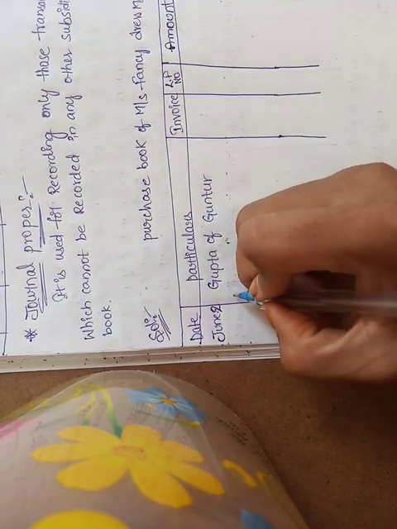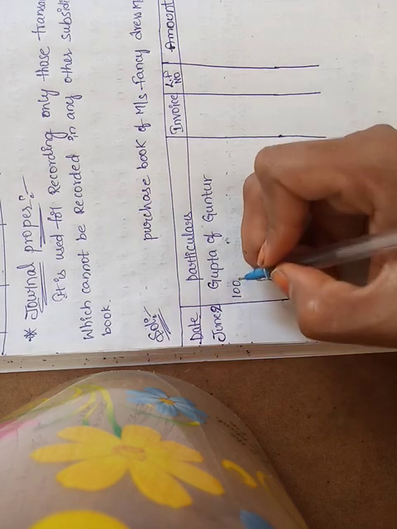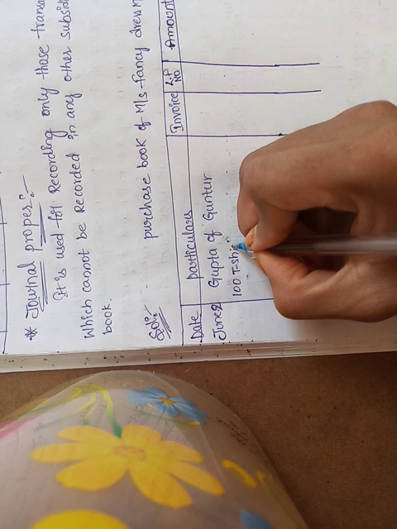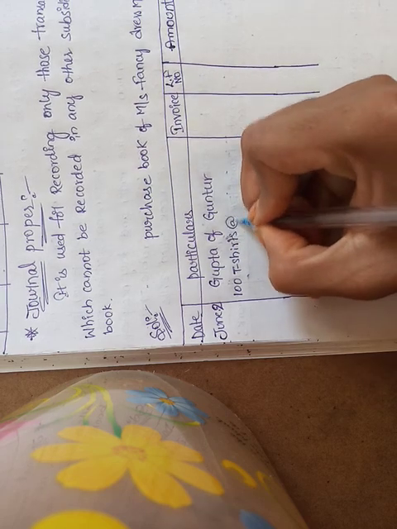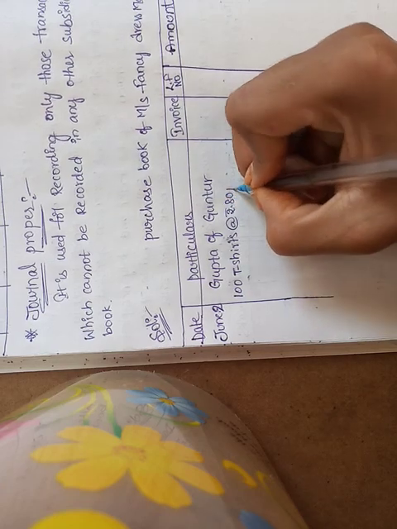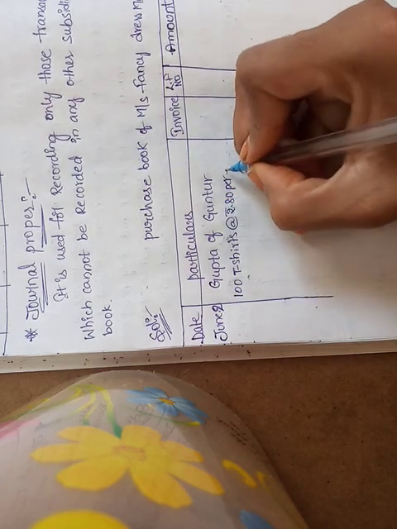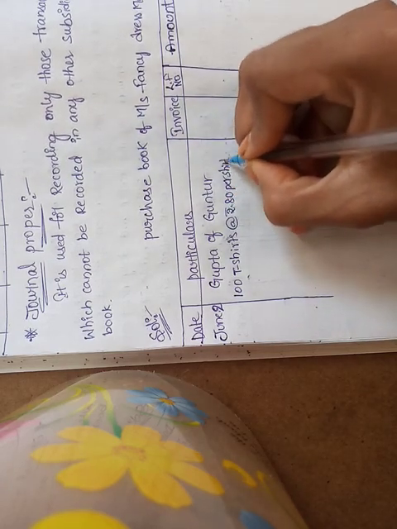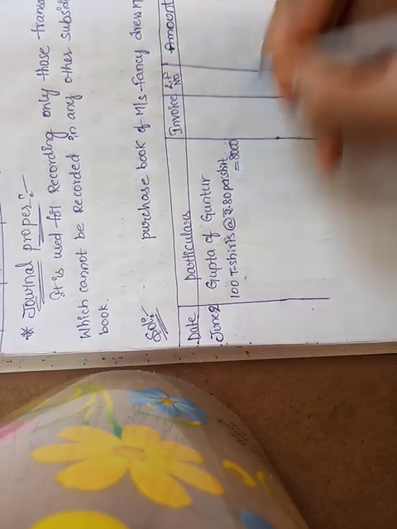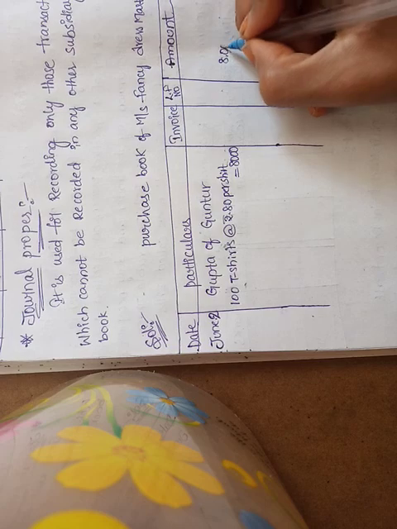How many? 100 t-shirts at the rate of rupees how much? 80 per shirt. Total is how much? 100 into 80 is 8,000. So that we write under the amount column.